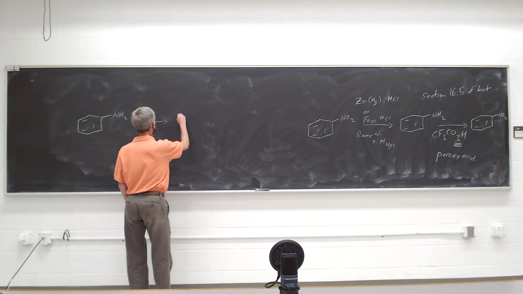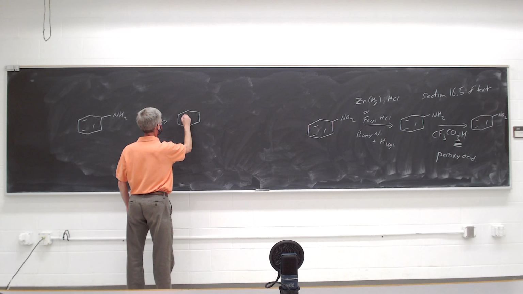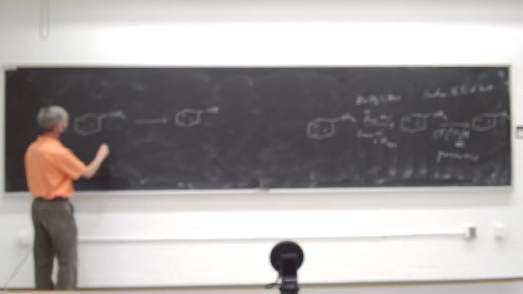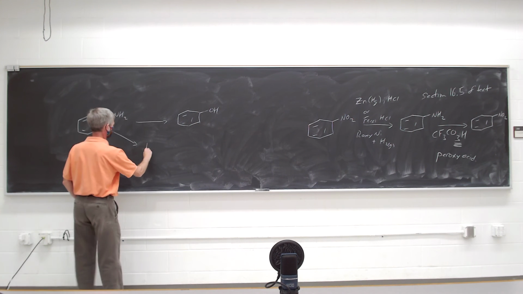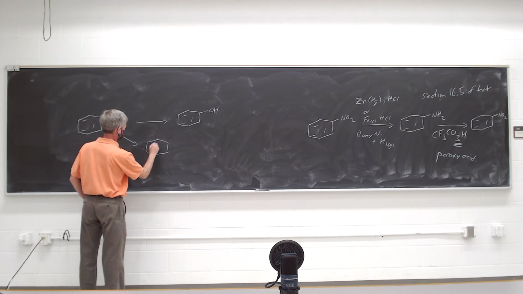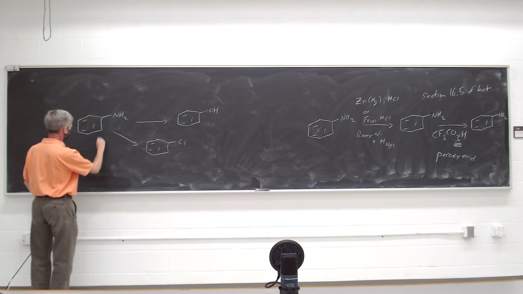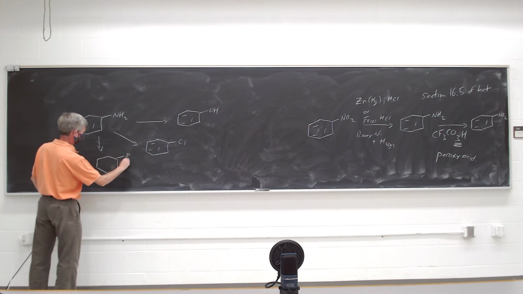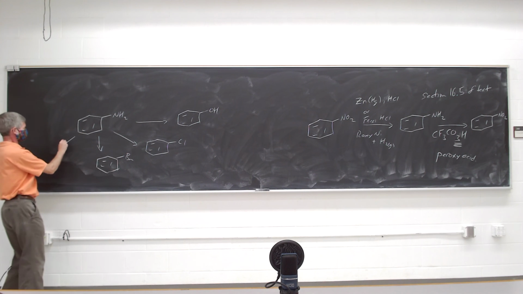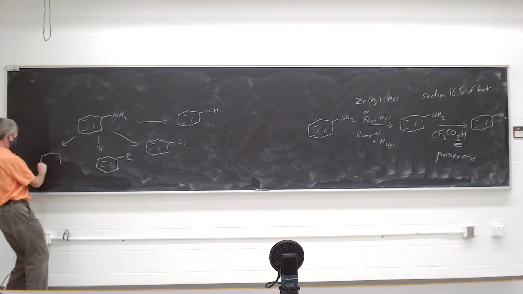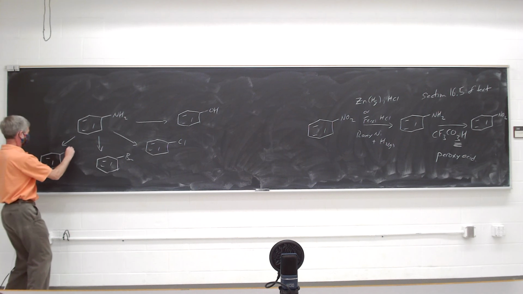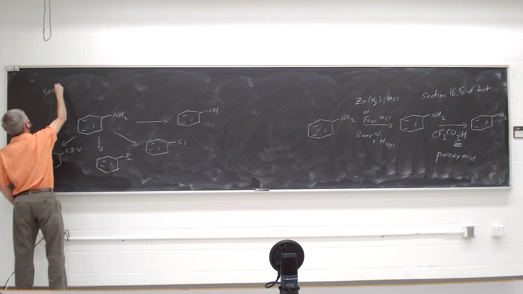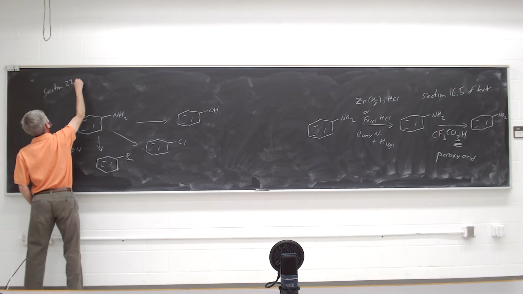So we can convert that NH2 group to an OH group, and we can convert that NH2 group to a chloride, and we can convert that NH2 group to a bromide, and we can convert that NH2 group to a nitrile, and these are hiding in section 22.